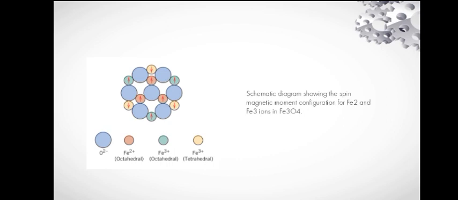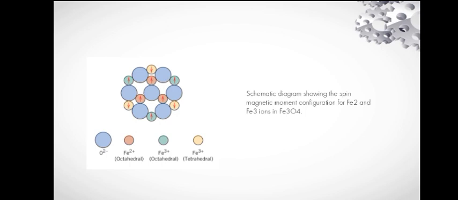This diagram shows the spin magnetic moment configuration of Fe2+ and Fe3+ ions in Fe3O4, where the blue sphere stands for O2-, and the red, green, and yellow spheres stand for Fe2+ and Fe3+.